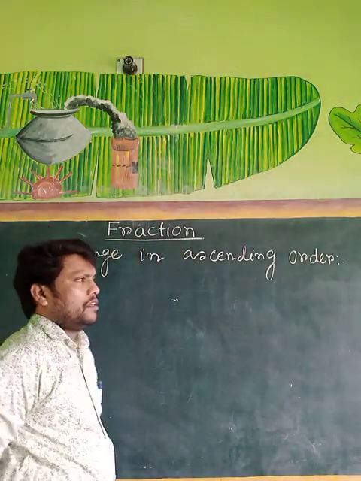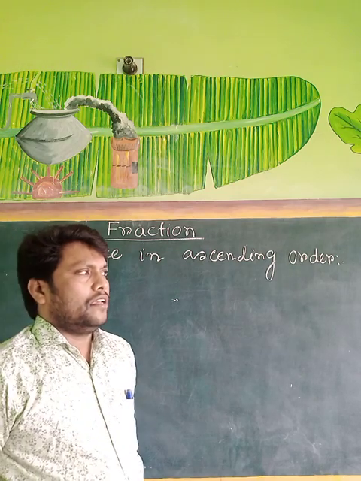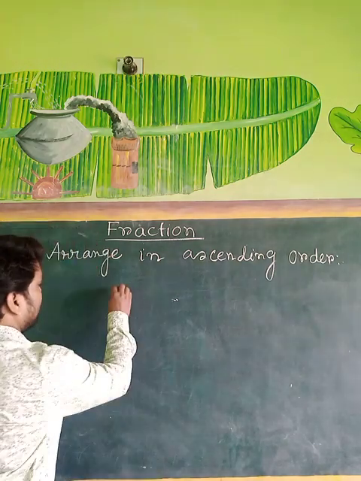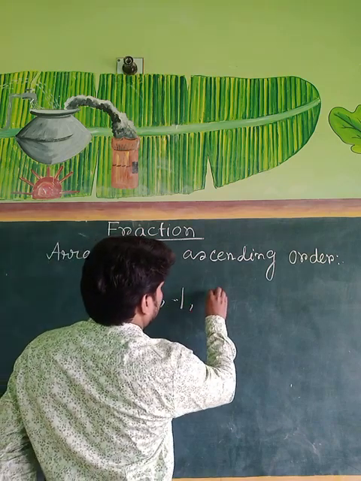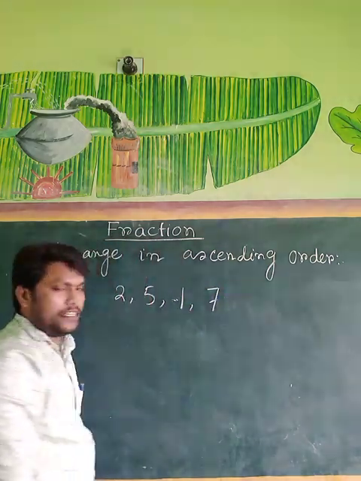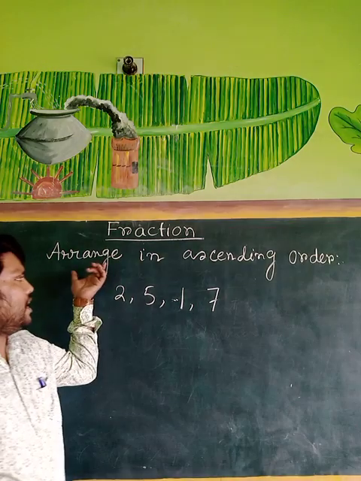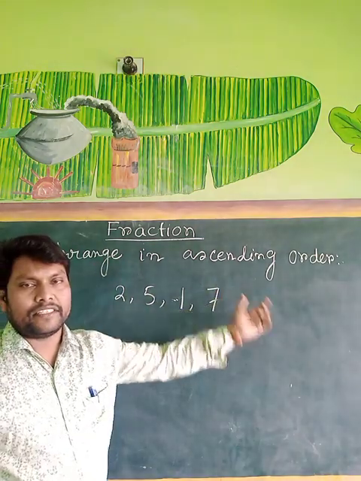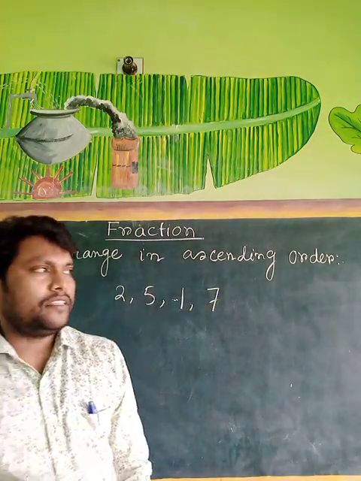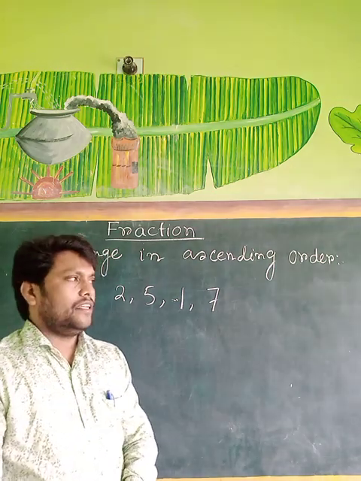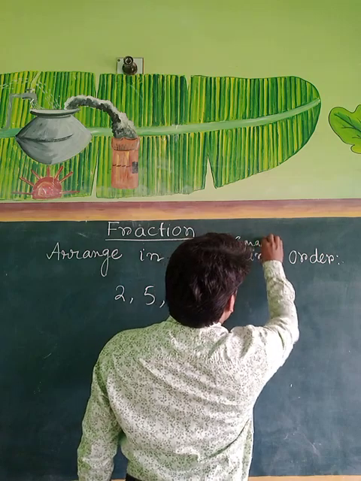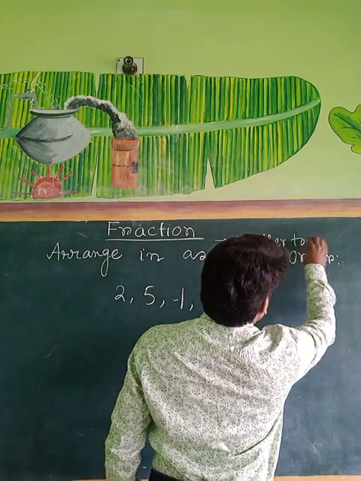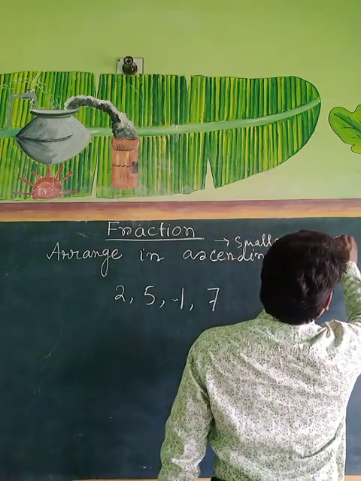Suppose normally the natural numbers. Arrange in ascending order. Ascending means upward, that means increasing. Increasing means smaller to bigger.